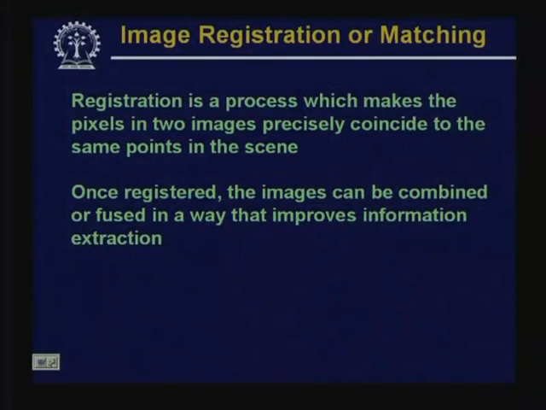Once registered, the images can be fused in a way that improves the information extraction process, because the fused image now has a combination of the information from different images or from different bands of frequencies.